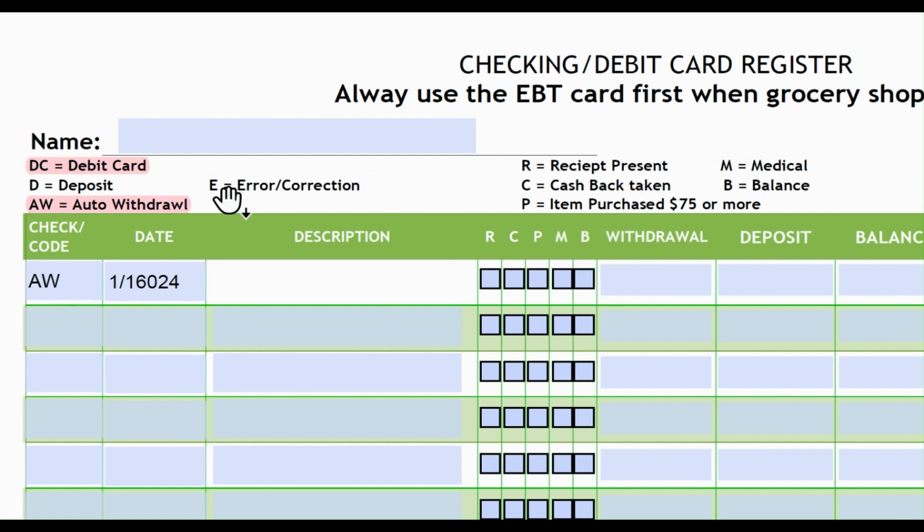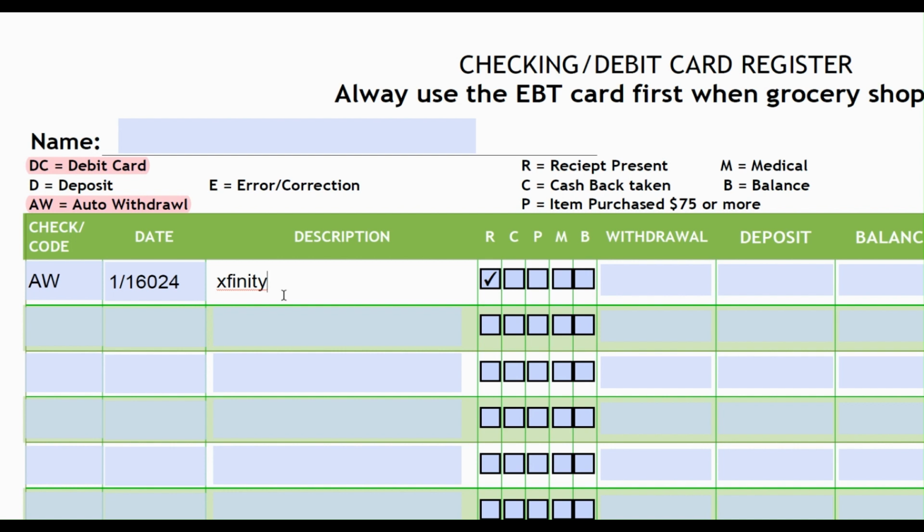Okay, so we were getting back to what these sections are for. So R is for receipt present. You're going to check that off if you know that you have a receipt, Xfinity. And just because it's an automatic withdrawal, it still has to have a receipt.